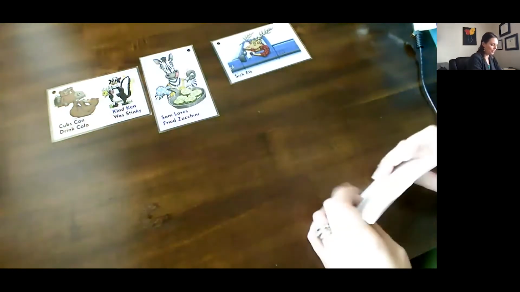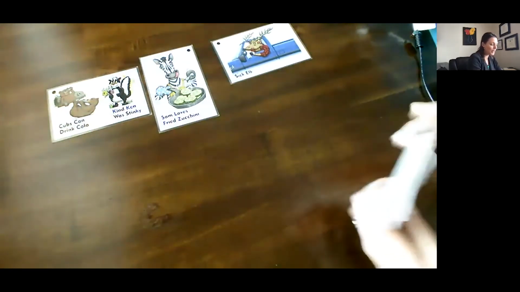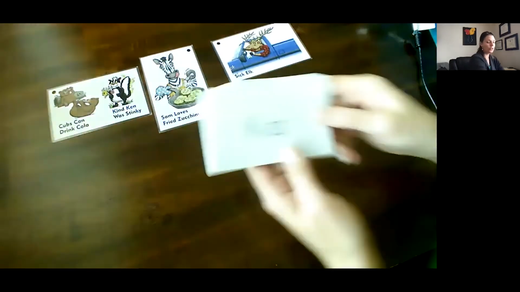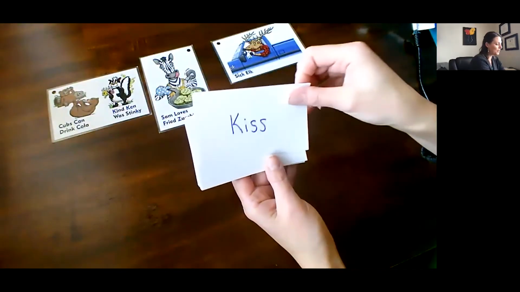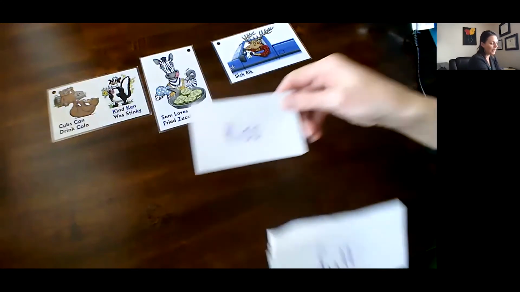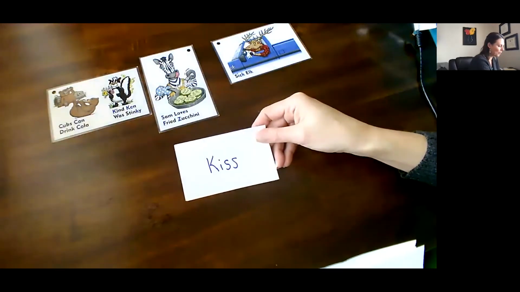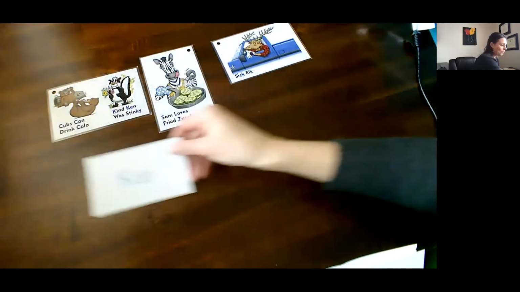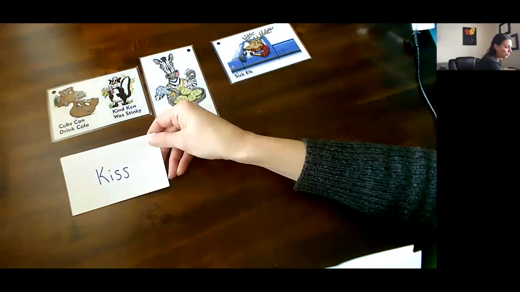So if I were to play this with a student, we could alternate turns. If I pull up the first card, it is kiss. You've got the student reading the word, and then you've got them thinking about, where would that word fall? Is it a kind Ken rule? Is it Cubs can drink cola?